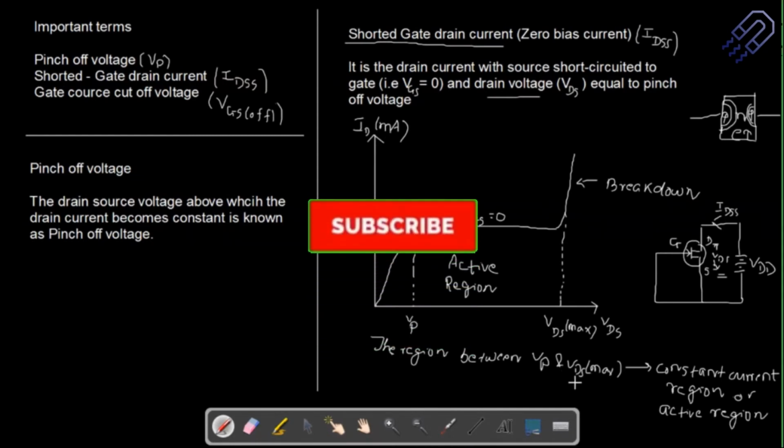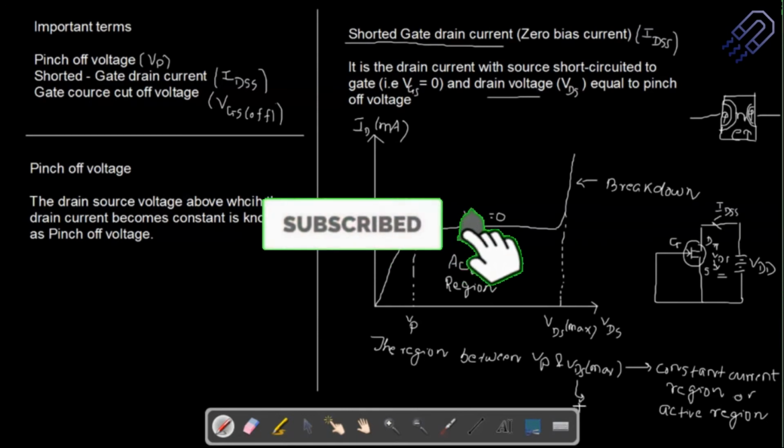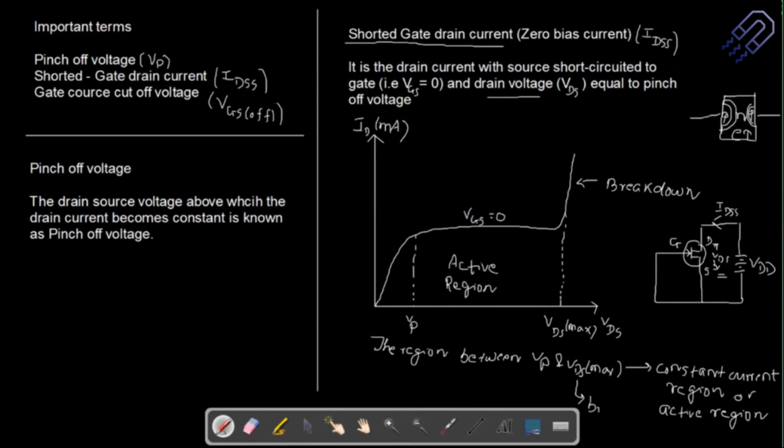And this VDS max, I think this is also obvious. This is actually the breakdown voltage. So please remember these terms. It's quite obvious, but you have to study it in a sequence.